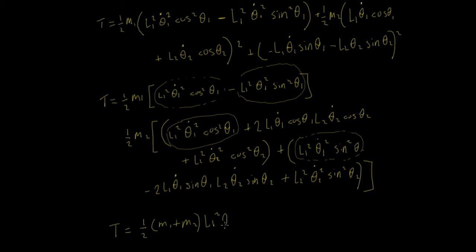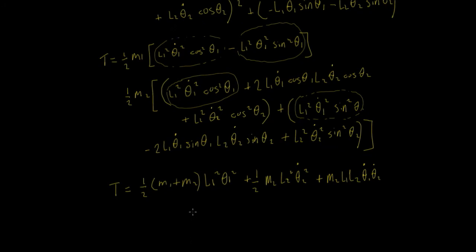And we'll end up in the end with just a half m1 plus m2 L1 squared theta 1 dot squared, plus a half m2 L2 squared theta 2 dot squared, plus m2 L1 L2 theta 1 dot theta 2 dot, and the end of that will be cos of theta 1 minus theta 2.